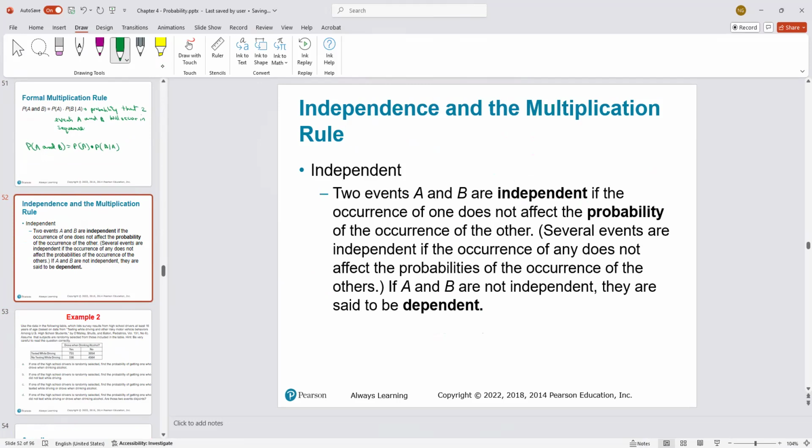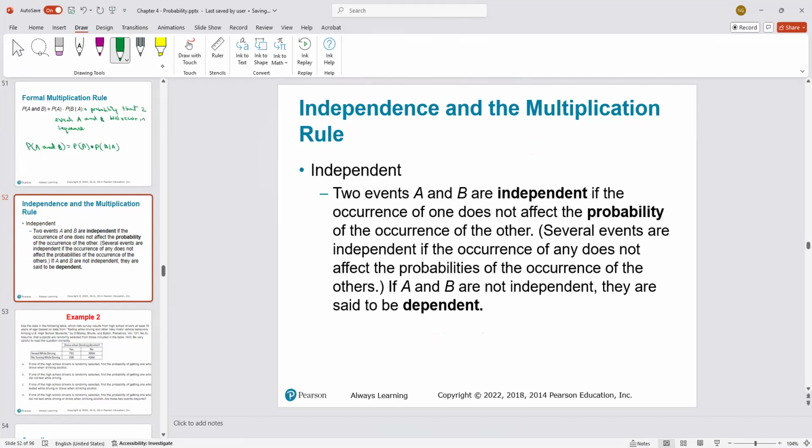For example, if you toss a coin and obtain a head, and you flip a die and you obtain a five, obtaining a head from flipping a coin has no impact on obtaining a five. So they don't have any effect on each other. They are totally independent events.